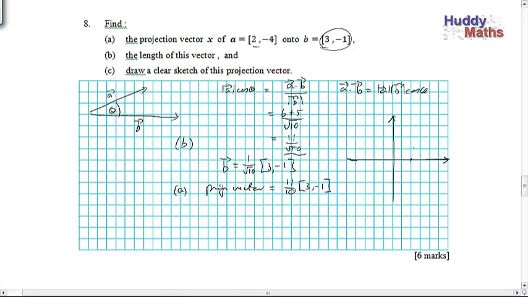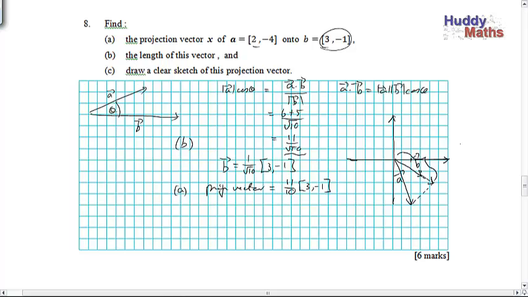Coming from here, (2, -4) down here, make that a position vector, that's A, and then (3, -1) is here, so that's B, and the projection of A onto B is longer than B, and it's that whole projection vector there.